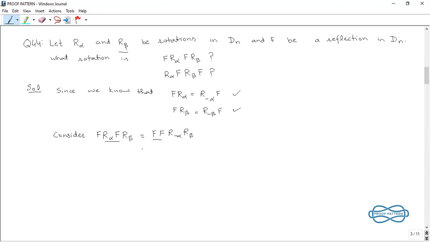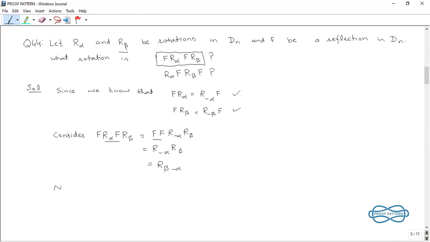The product of F and F is identity, and we remain with R minus alpha R beta, and that is R beta minus alpha. So this rotation is actually the rotation with the angle beta minus alpha.